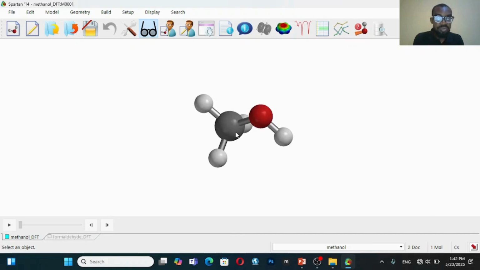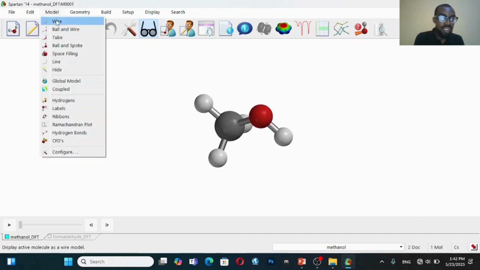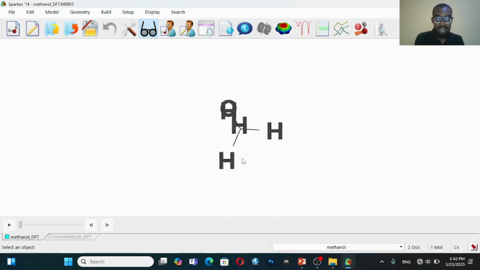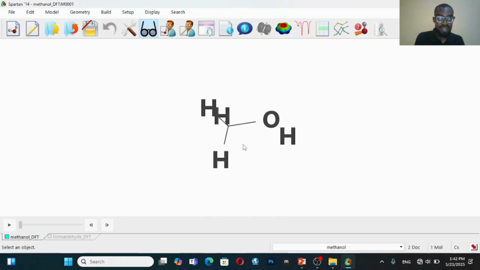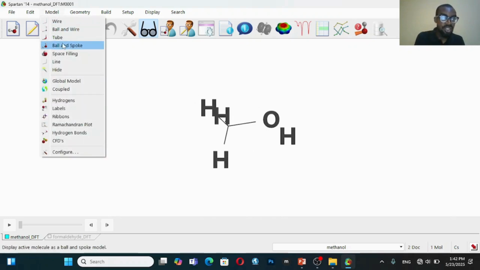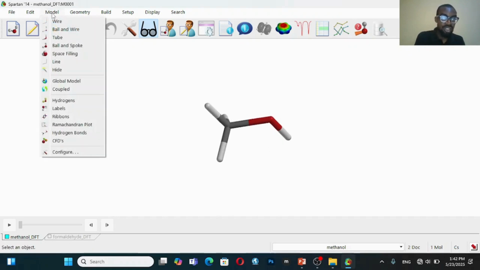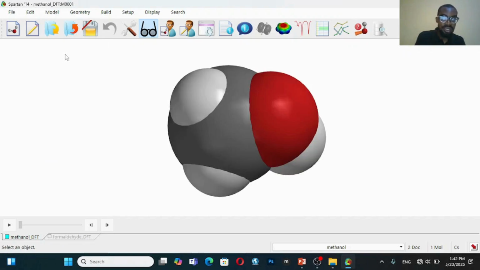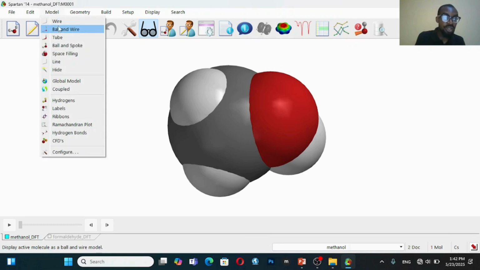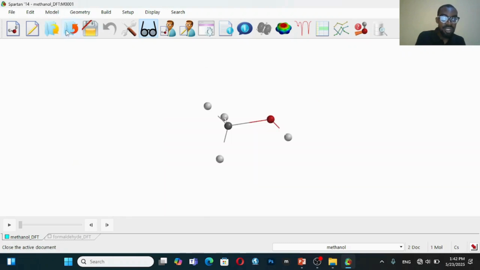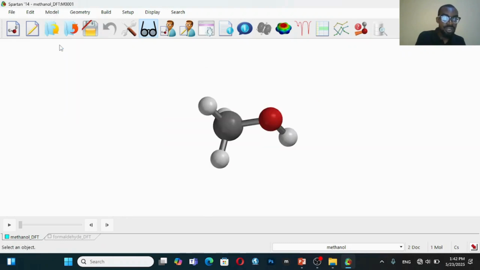Now you can change this to see it in different ways. If you want to see it like this, you can see that. You can see it like this. You can simply change it to look like this. Okay, so whatever model you choose, I often like to work with this.